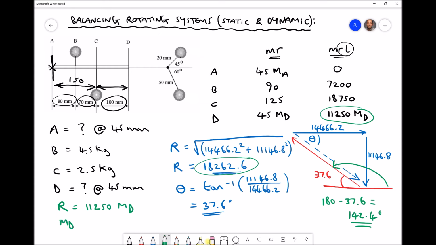Therefore, md is the resultant of 18262.6 divided by 11250, giving us a mass of D equal to 1.62 kilograms.